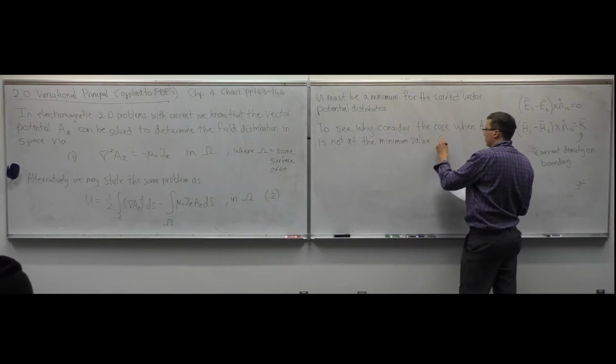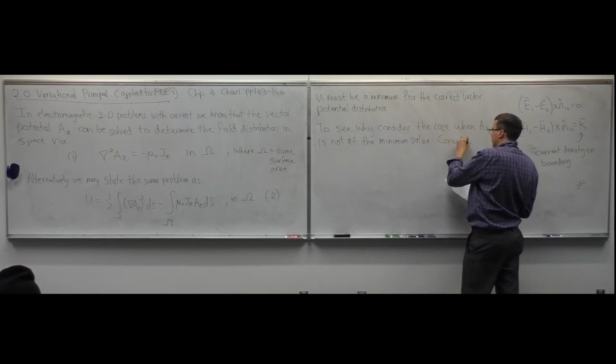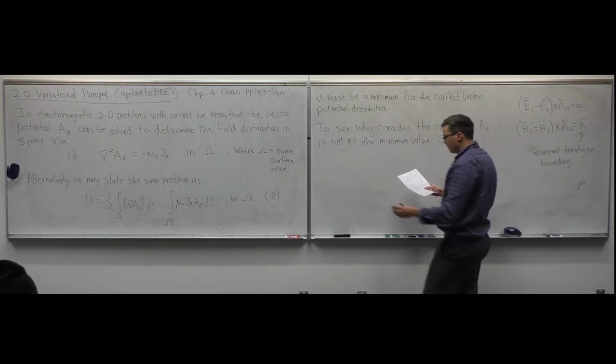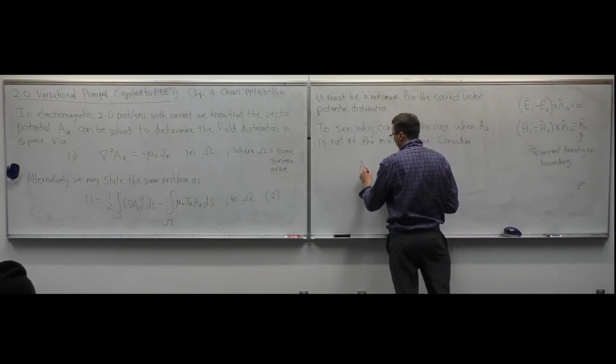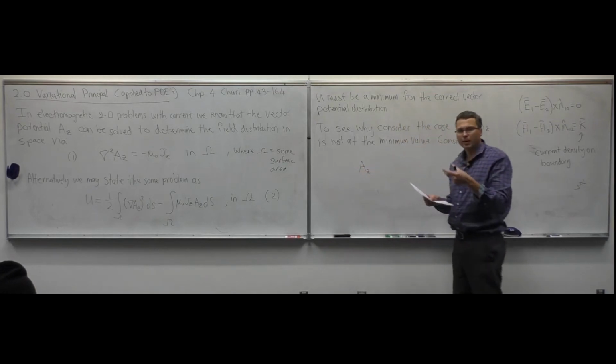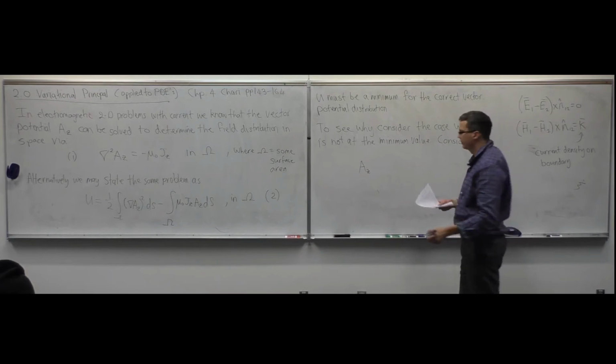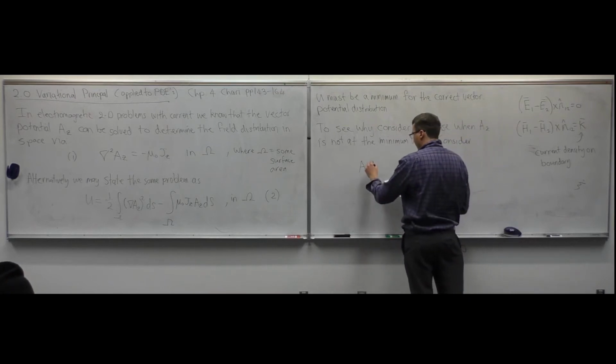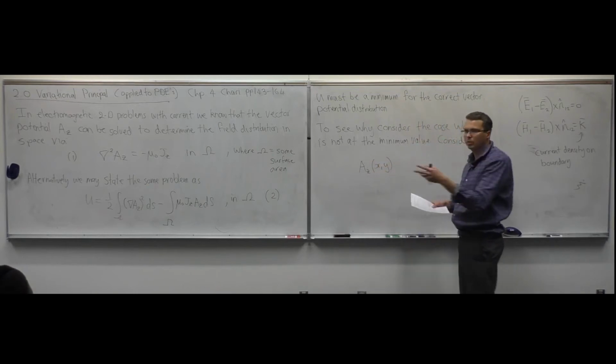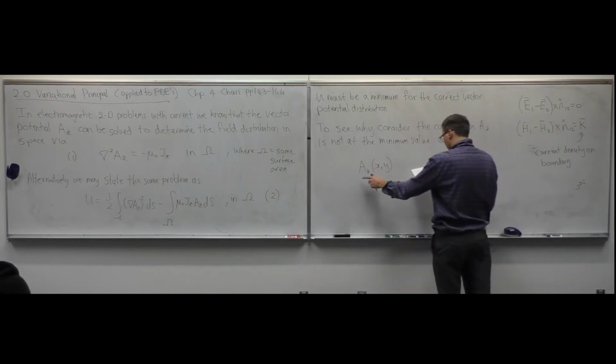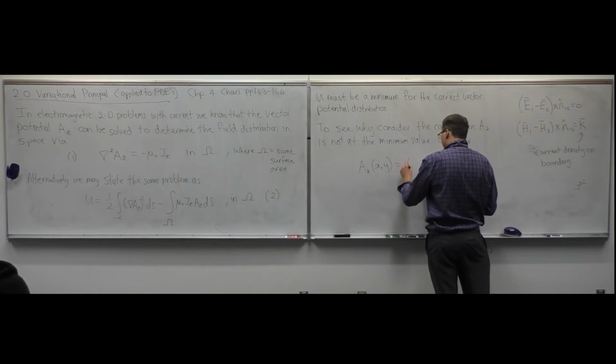For example, consider the situation where, and remember, AZ is a function of space, so it'll be a function of x and y. I'll write it here, but for the rest of the discussion I'm not putting x and y, just leaving it as AZ.